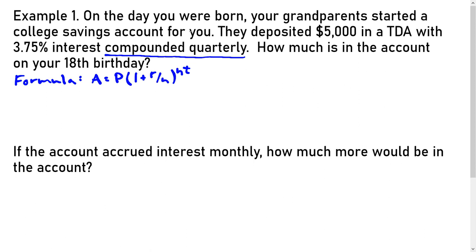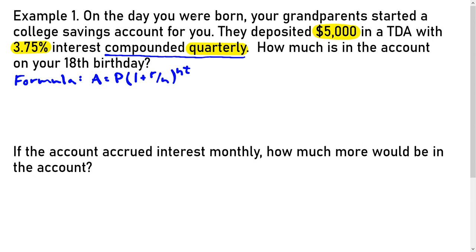I'm going to look in here and say that they deposited $5,000. So that's got to be your initial investment. It's got a 3.75% interest rate. Well, that's got to be your rate. And it's being compounded quarterly.